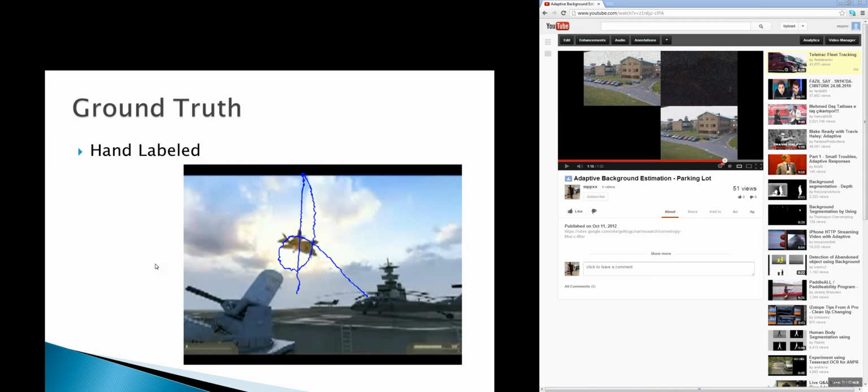I hand labeled the data frame by frame for the center. Here I am showing one of the frames during the vertical liftoff. The blue line shows the overall path that the center of the plane body follows through the video. We will use this ground truth to compare the performance of the algorithms.